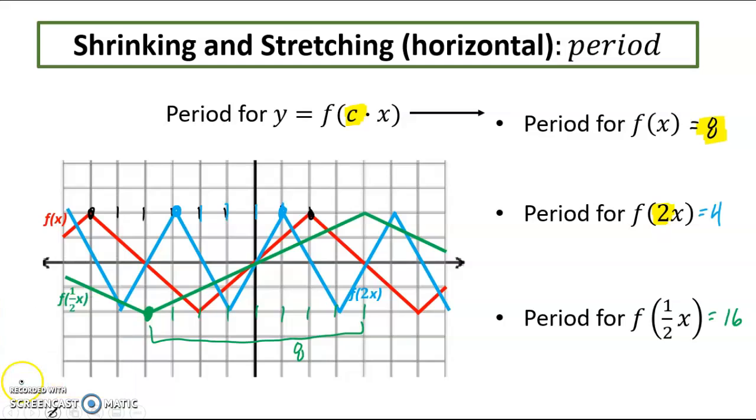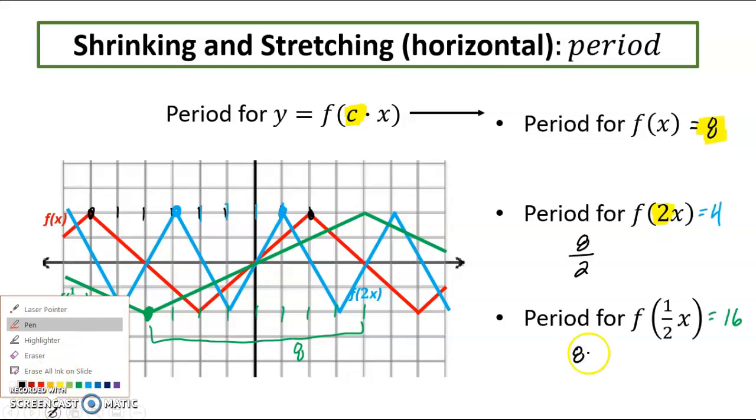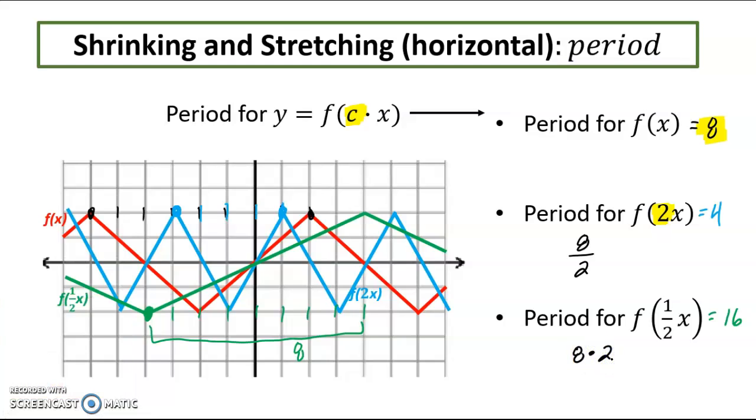I take my period and divide it by 2 to get the period of my horizontal shrink. Now, if I take the period of 8, how do I get from 8 to 16? I know that I have to multiply that by 2. We understand that. But how does it work with the multiplier here? I take my period and divide it by the value of c.